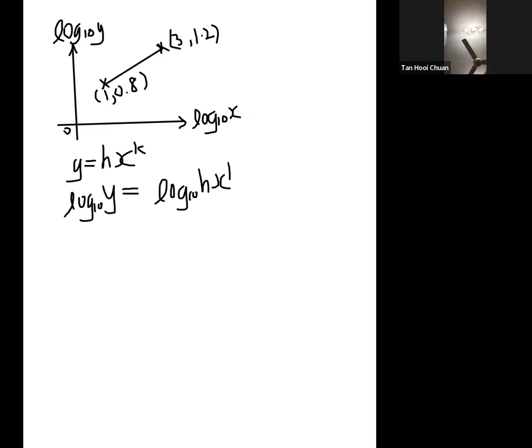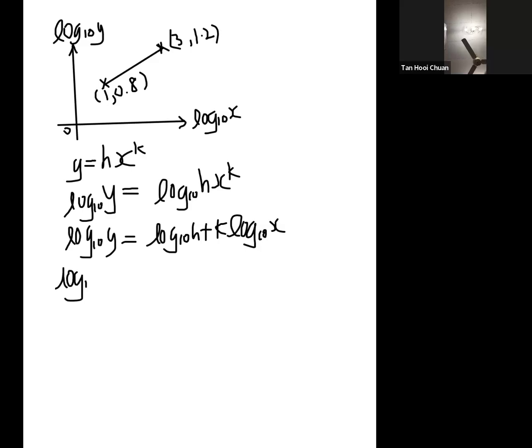Like this, it becomes log10 y equals k log10 x plus log10 h.